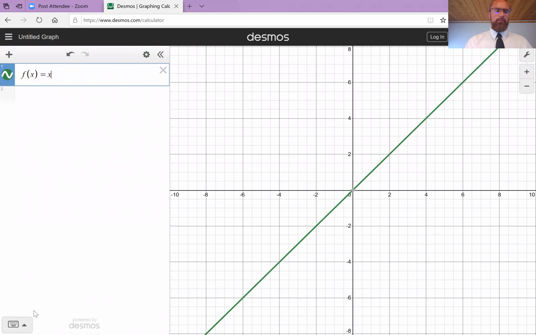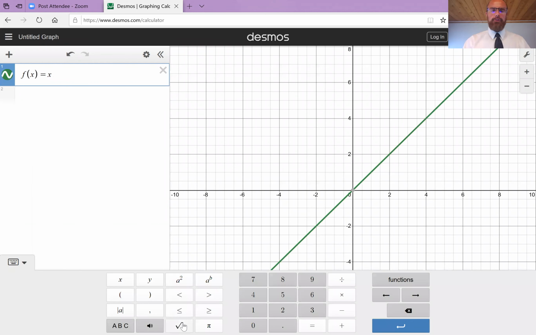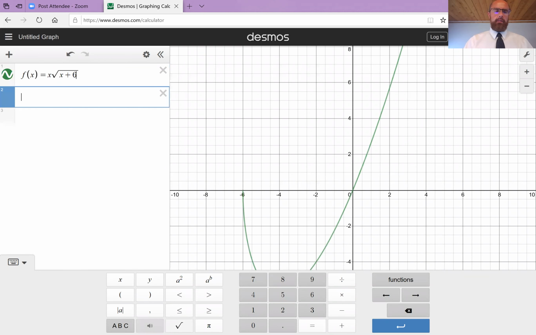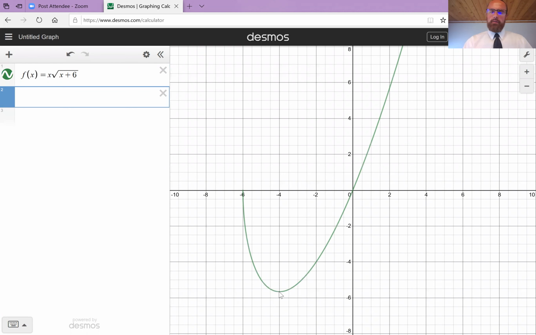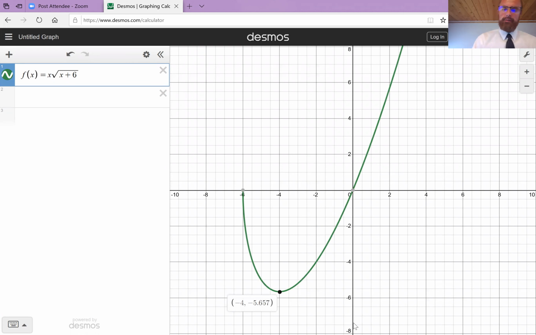The square roots here on the keypad in the main grouping of functions. And then we see our graph looks very similar to the way we graphed it. And definitely as we select that trough, the bottom of the fishhook, it is that value at negative 4.